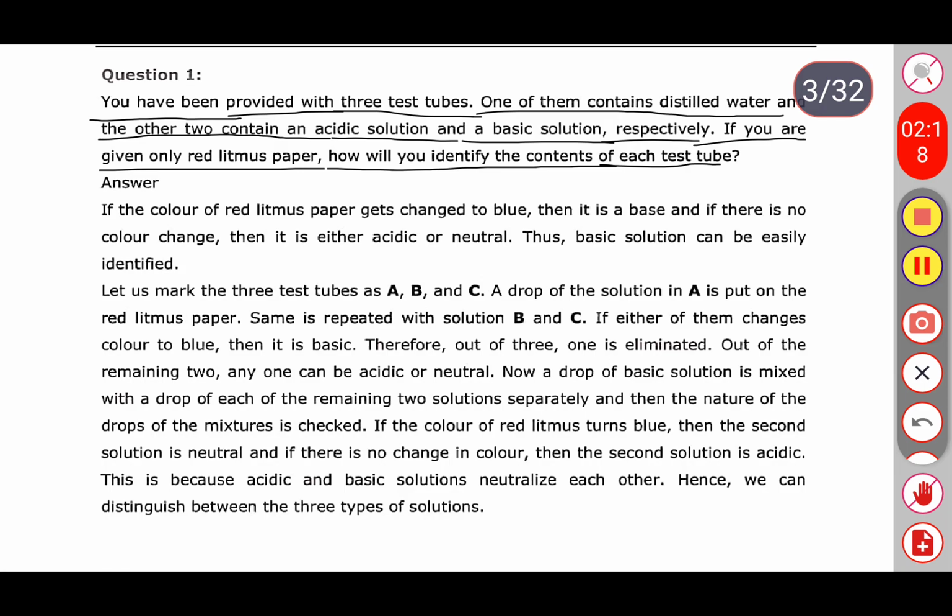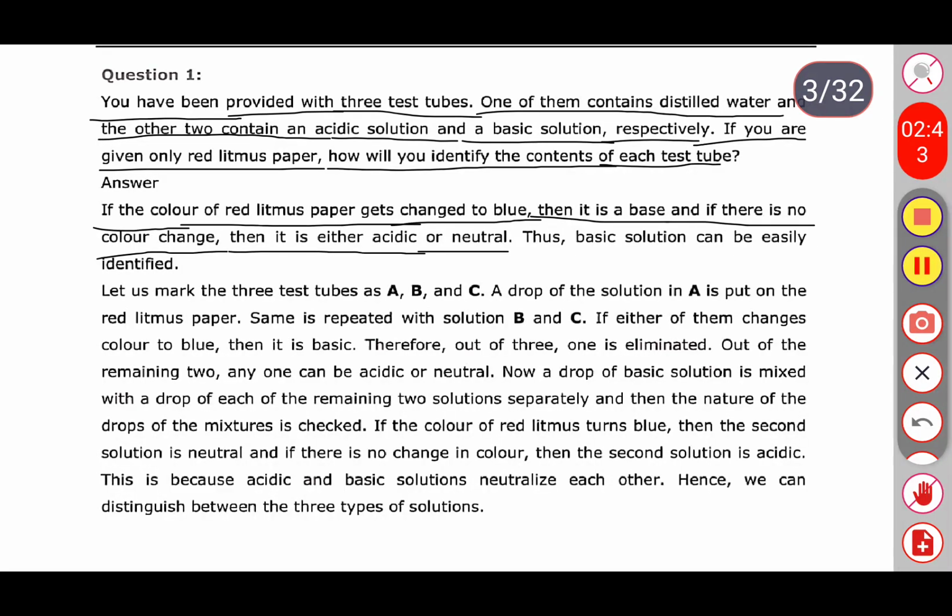Now see the answer of the first question, that is, if the color of red litmus paper gets changed to blue, then it is base, and if there is no color change, then it is either acidic or neutral.